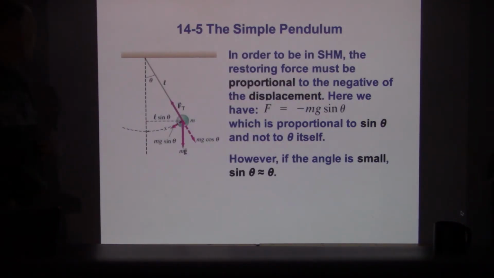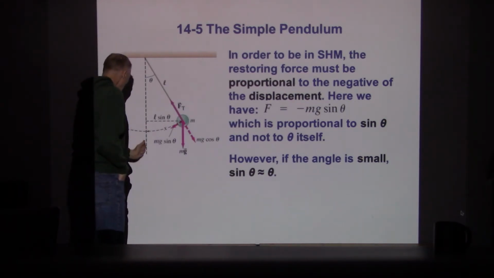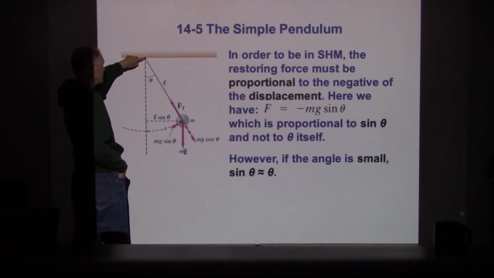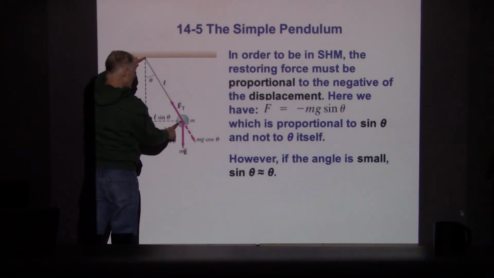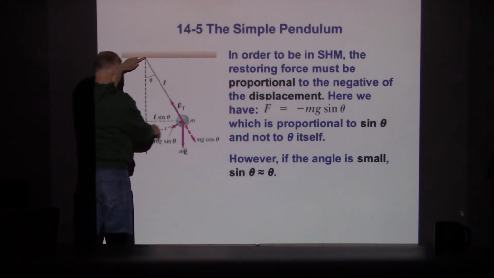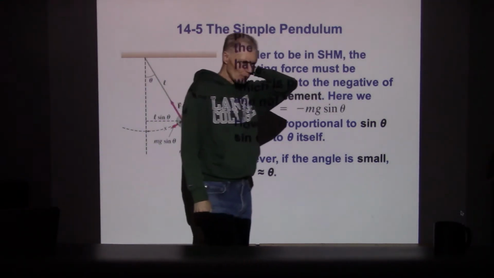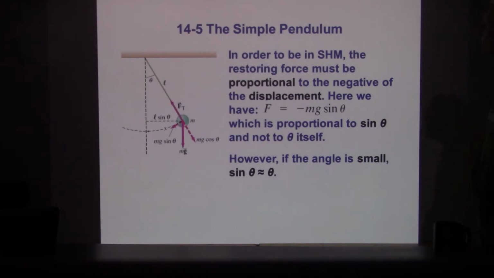Here's the force diagram. So what we're going to do is bring down a vertical axis from wherever the pendulum is attached. There's the attachment point. Here is the string, or the cord, and then here is the object with mass m, and this thing is going to oscillate back and forth. Now, if you remember, we've looked at this with pendulums before, the pendulum is going in circular motion.